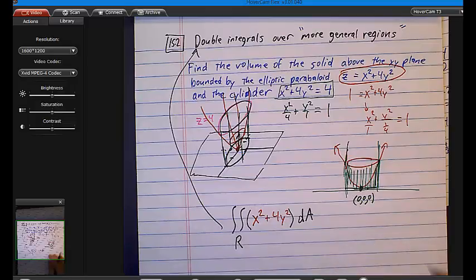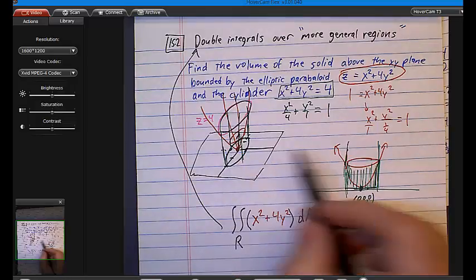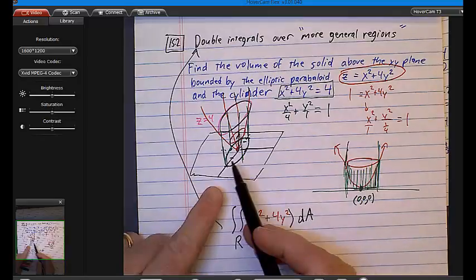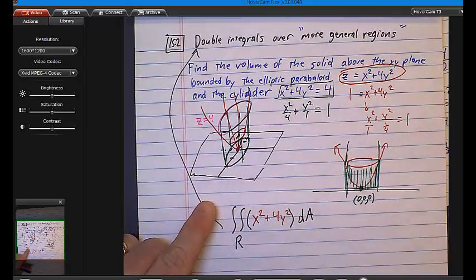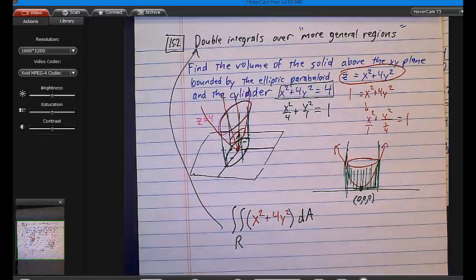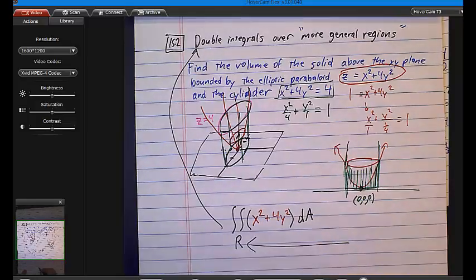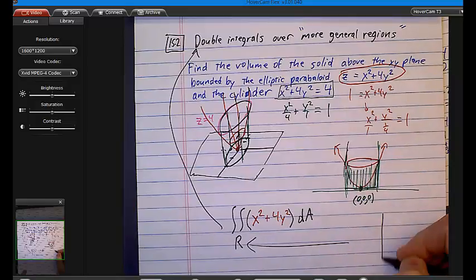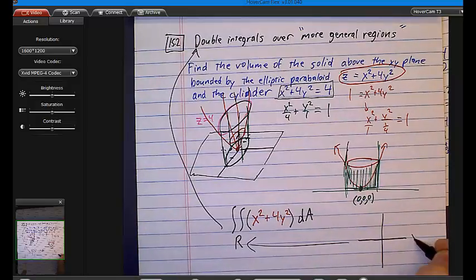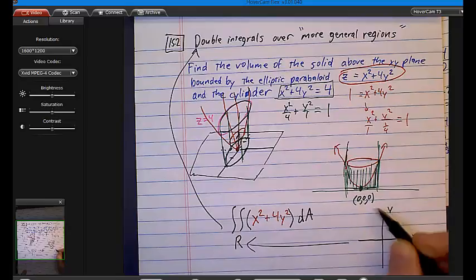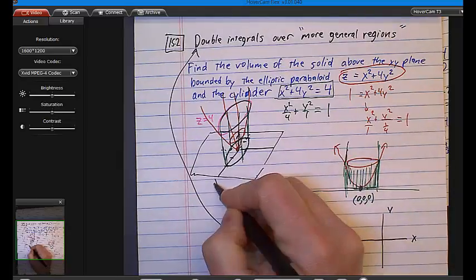But what's more important than either of these sketches, and you don't necessarily need to do these sketches when you're doing a problem like this, is that you draw R. You need to draw what R is. Let me draw it just in the xy plane. So that xy plane that I had, here was x, here was y.